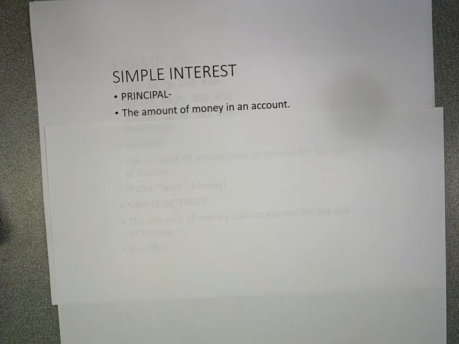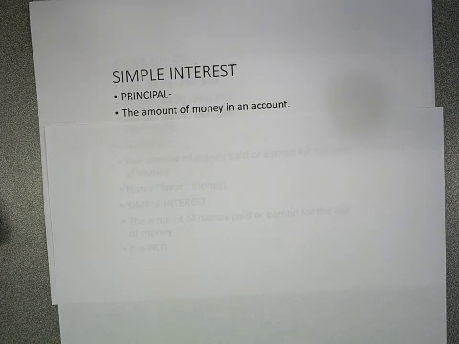Now, because it says the amount of money in an account, I just want to say this as a little side note. You'll see it in your book, so it won't surprise you. Some people invest money, I don't know if this is quite investing, but we'll call it investing. Which basically means they give their money to, let's just keep it simple, the bank. And the bank actually, for the use of your money, pays you interest. Okay, now, they don't pay you 20% interest, but they will pay you a little bit of interest.